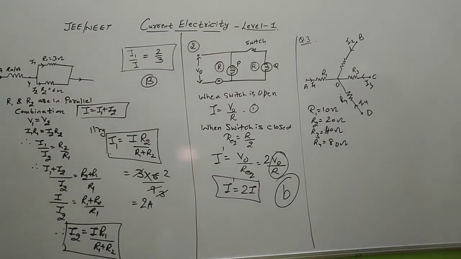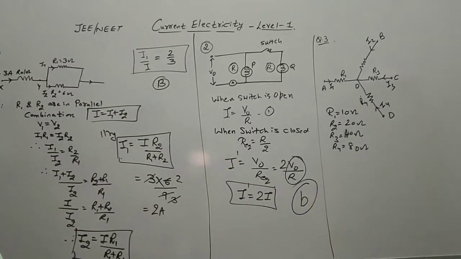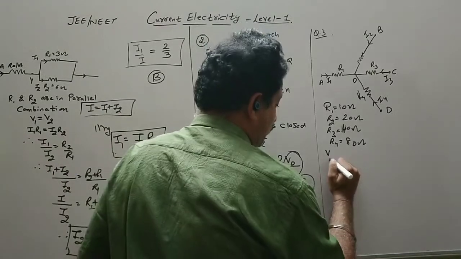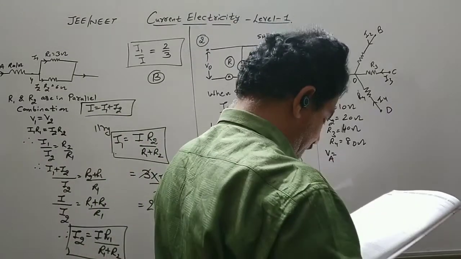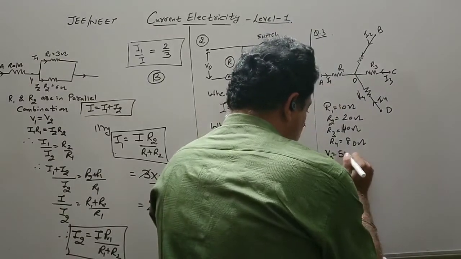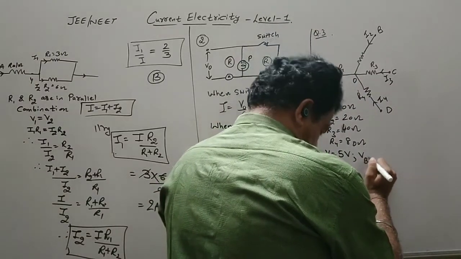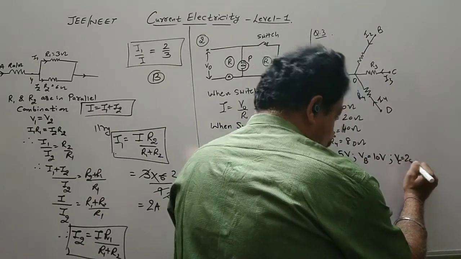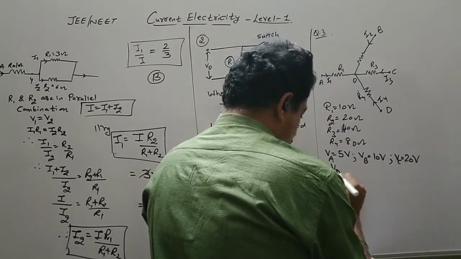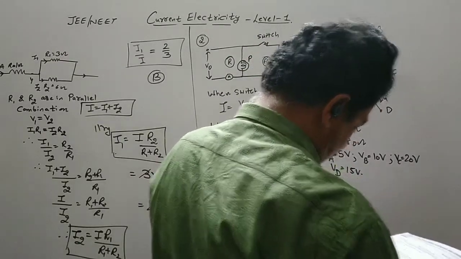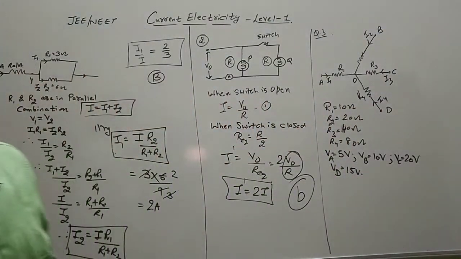As well, we have the potentials at points A, B, C and D. So potential at point A is equal to 5 volt. Potential at point B is equal to 10 volt. Potential at C is equal to 20 volt. Potential at D is equal to 15 volt. Find out the current in the resistance R1.